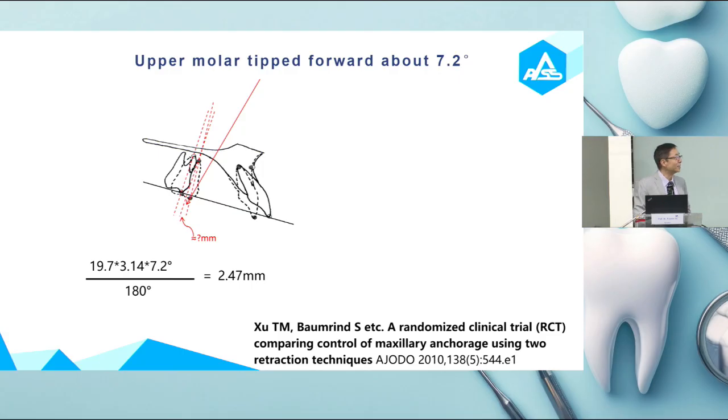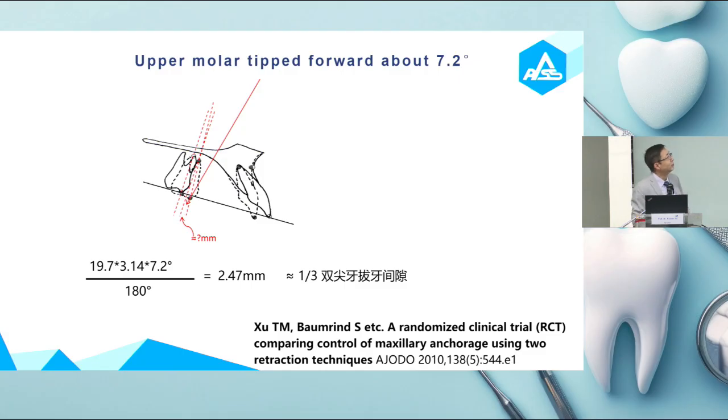Is 2.47 millimeters a big number? Well, it's approximately 1/3 of a bicuspid extraction space. That's almost the definition of maximum anchorage, right? It's less than 1/3 of a bicuspid extraction space that is the maximum anchorage definition.